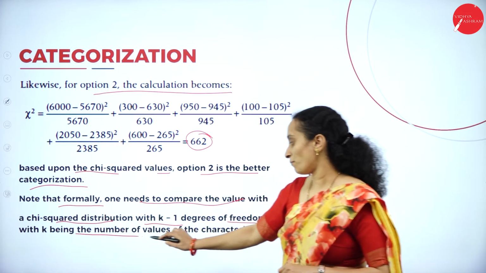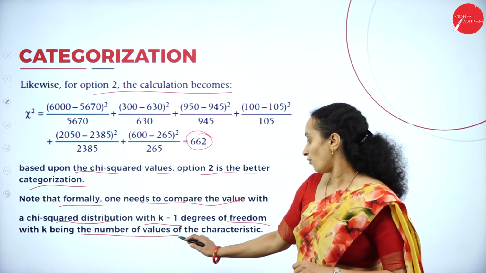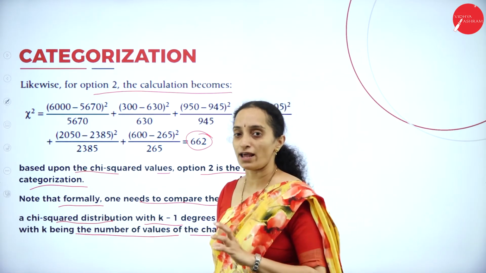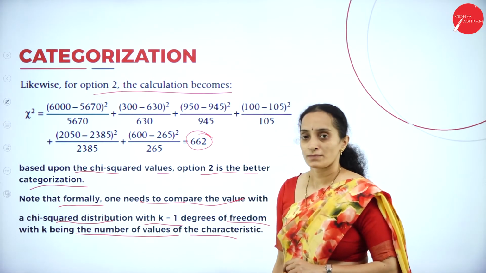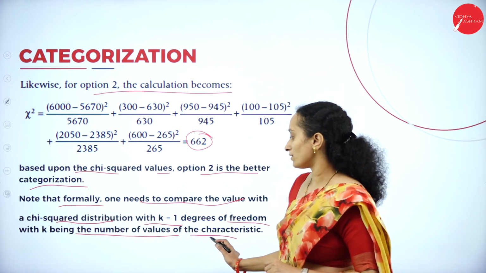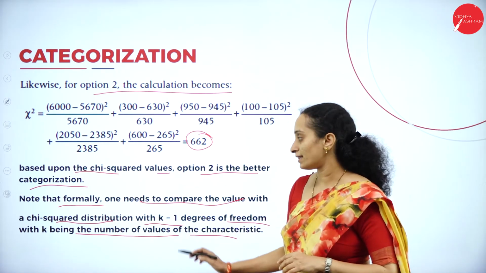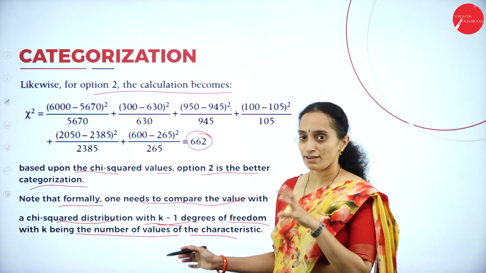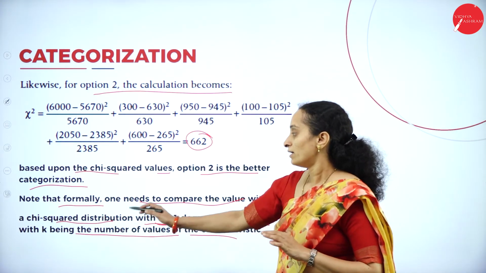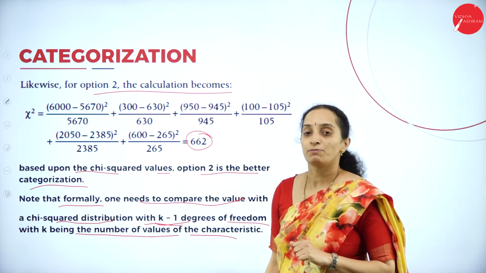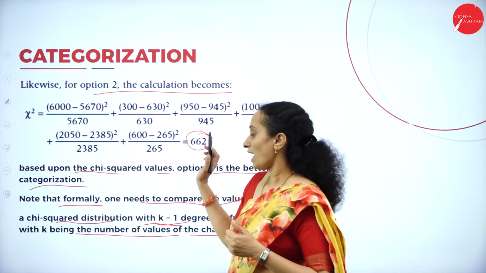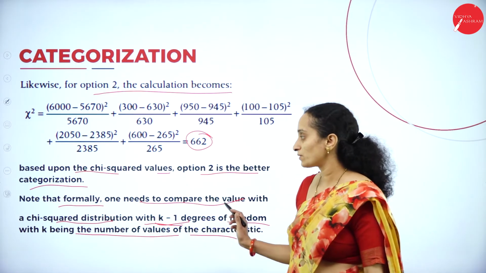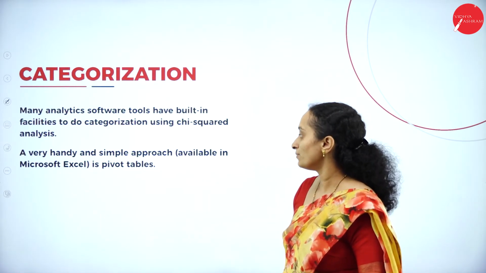K is the number of values of the characteristic or variable. How many values are there in the variable? Based on that, one less than that is used for the distribution. If you have 5 values, there will be a chi-squared distribution with 4 degrees of freedom, made with the average group members or group values. Okay, so we use this value.